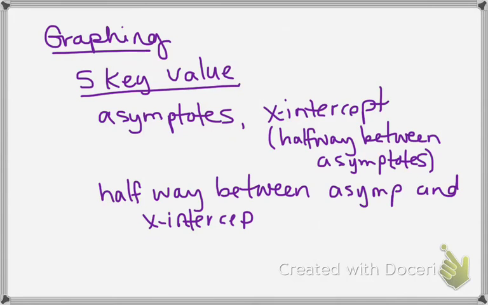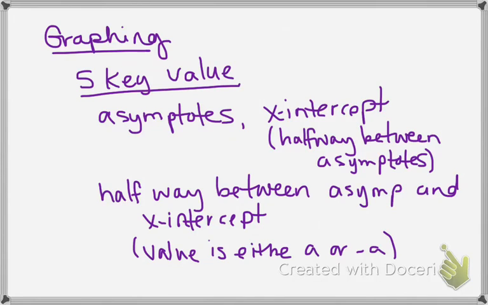And what that does is when you find that halfway again between the intercept and the asymptote, that's where your value is going to be either A or negative A. So that's where that A value comes in: if you find halfway between the asymptote and the intercept, you can go either up to positive A or down to negative A.